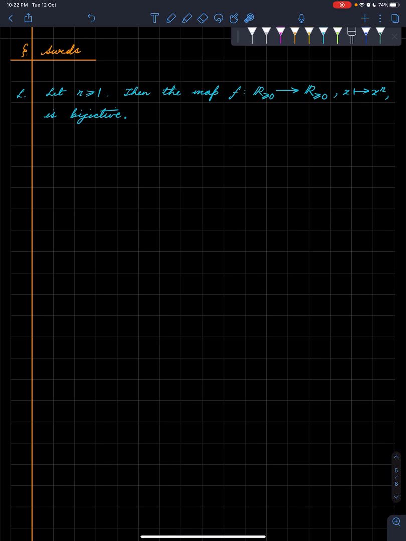So how do we do it? What do we want to show when we are faced with showing bijectivity? We want to show injective and surjective. So is it injective? This is injective simply because this is a monotone function.